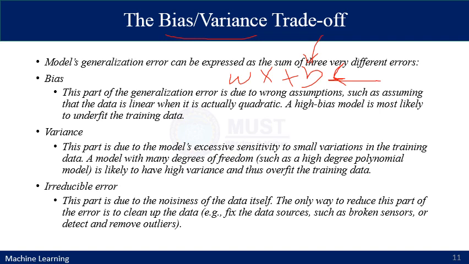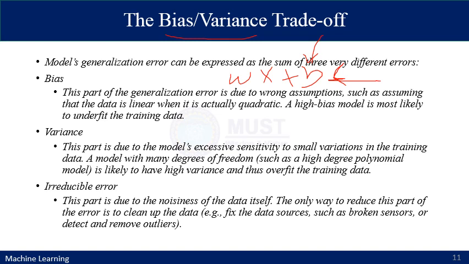If you have a high bias model, it is more likely that it will underfit the training data. That means you are unable to capture the patterns of training data. Therefore, you will have a high bias and it will be an underfitting of the model.